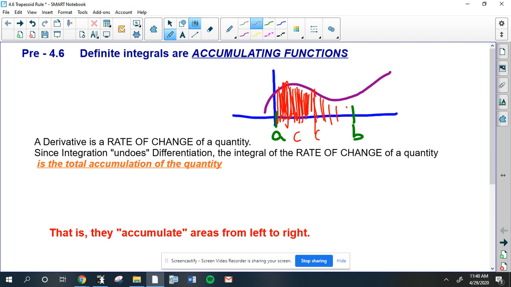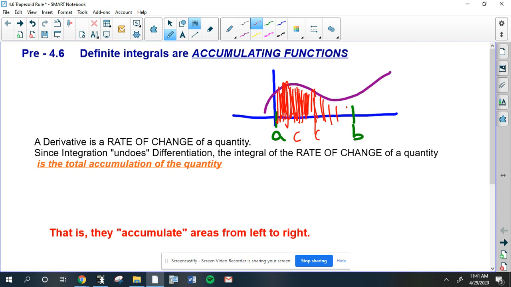On top of that, we also know that integrals undo derivatives. And if you think of a derivative as a rate of change, so it's the amount a quantity changes per time, if you integrate it, it undoes that rate, the per time part of it, and just gives you the total quantity.